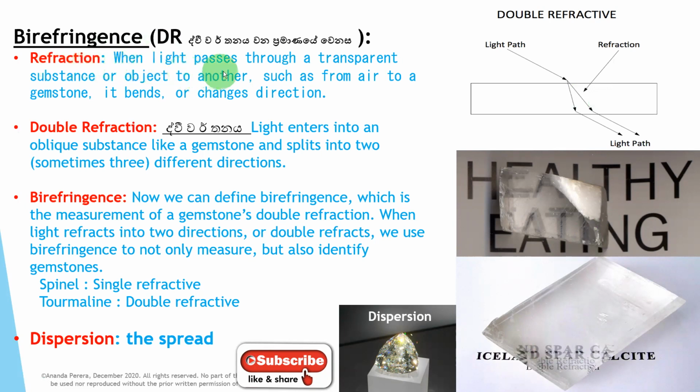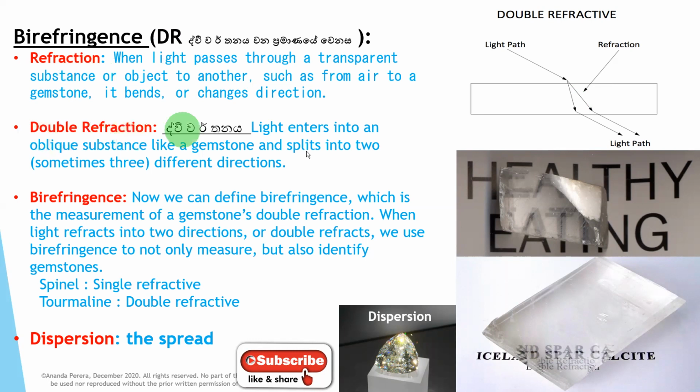Refraction. When light passes through a transparent substance or object to another, such as from air to a gemstone, it bends or changes direction. That is called refraction. We start from the first line, refraction.